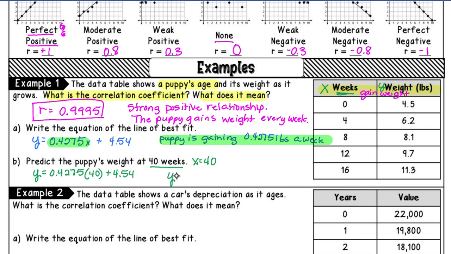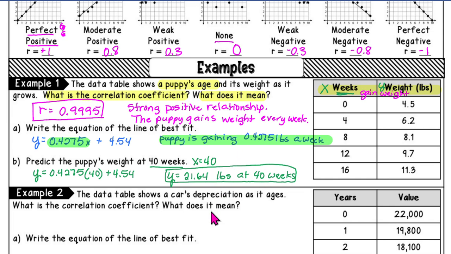So my y is going to be 21.64 pounds at 40 weeks. We would expect that puppy to be done growing by this time. They might fill out a little bit more, but they've definitely passed through that fast growth of puppyhood.